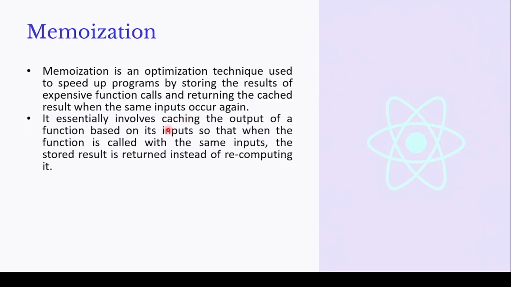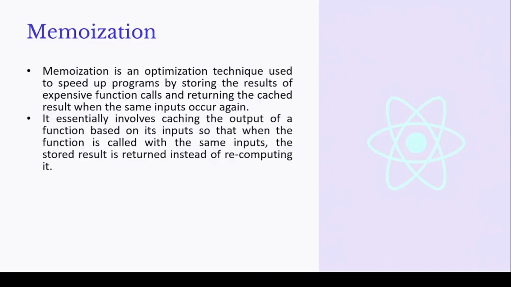It essentially involves caching the output of a function based on its inputs, so that when the function is called with the same inputs, and this is important here, the stored result is returned instead of recomputing it.